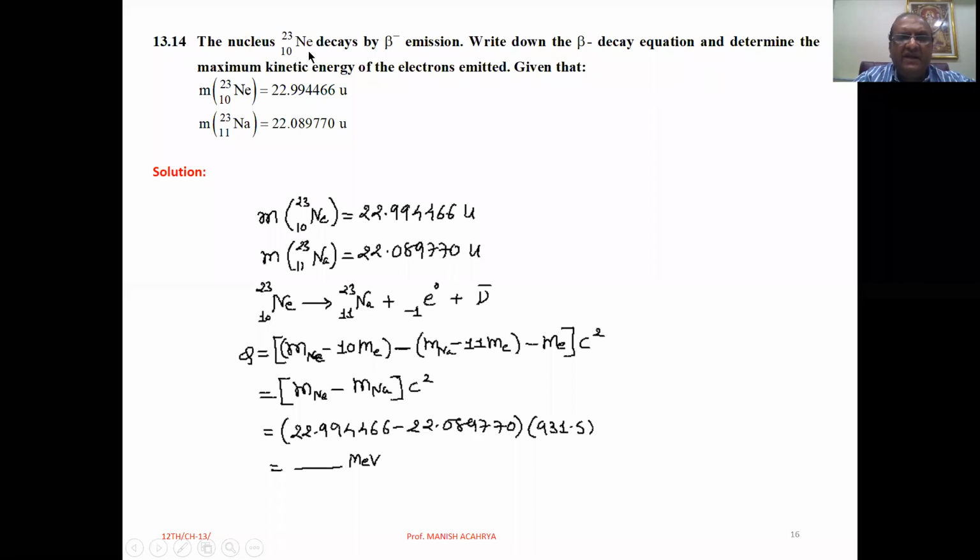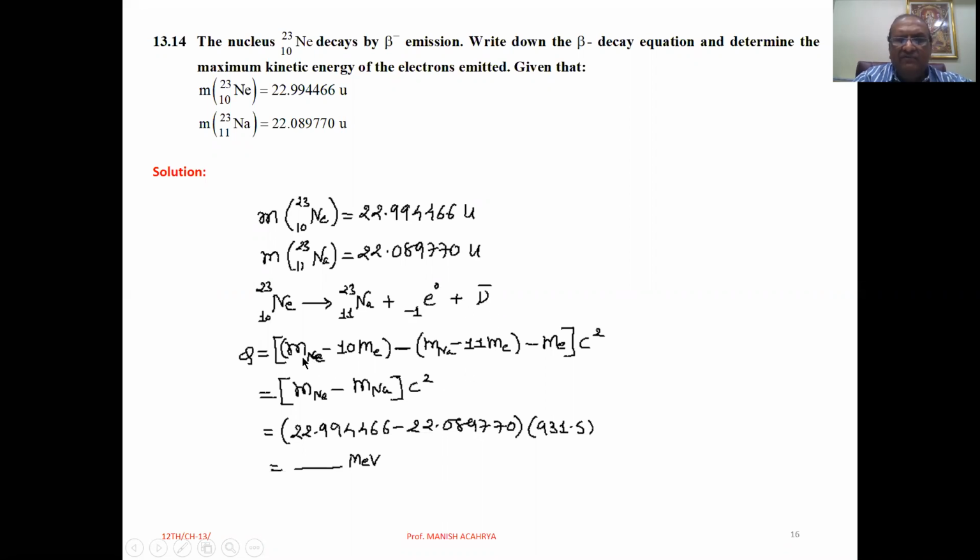13.14. The nucleus 10Ne23 decays by beta minus emission. Write down the beta decay equation and determine the maximum kinetic energy of the electrons emitted. Given that the atomic masses of 10Ne23 and 11Na23 are both given to you. Then the reaction will be 10Ne23 to 11Na23 plus electron, -1e0, plus antineutrino.